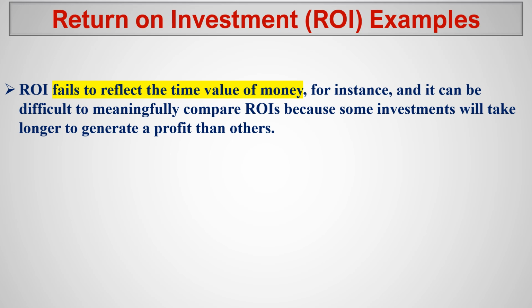Some investments take 3 years to make profit, another investment takes 5 years, 6 years. So when we have different durations, it's difficult to compare, because when the duration extends more than 5 years, then the time value of money becomes more important. Time value of money is important. I always say time value of money is very important.